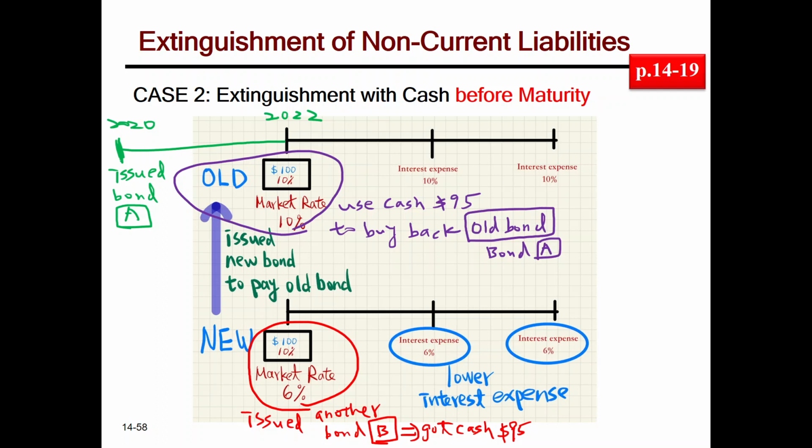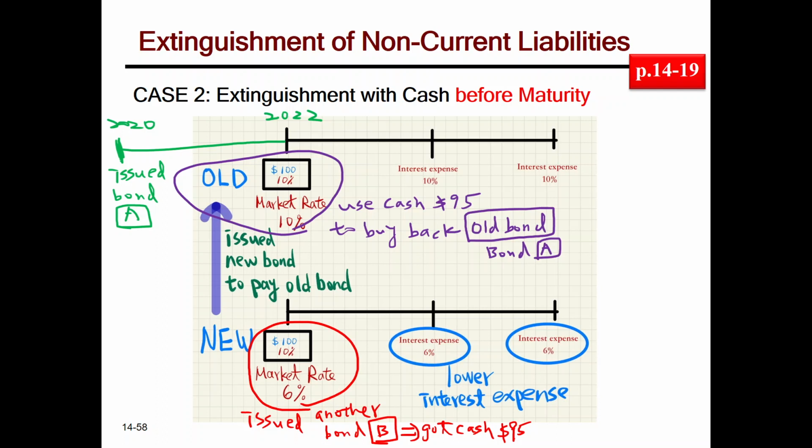Then why do you want to do that? Because today, in 2022, is the market interest rate higher or lower than the market rate in 2020, when you issued your old bond?